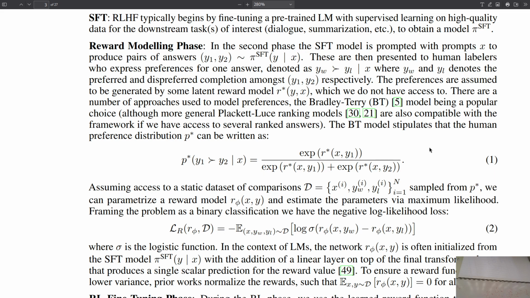We do have that, because we have X, what is your favorite pet, and then we get Y sub 1, which is cat, and Y sub 2, which is dog. So we as a human labeler have to say, is Y sub 1 better than Y sub 2, or is Y sub 2 better than Y sub 1?